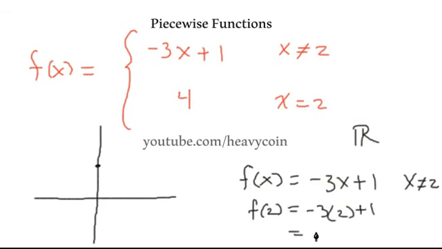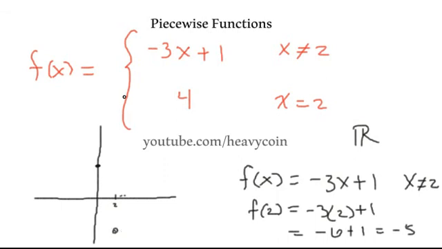Seems like I'm telling you one thing, and then before you know it, I'm doing the next. -5. So at 2, which we'll say this is 2 here, we have a hole at -5, which is about right here.